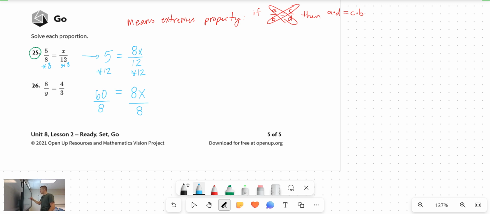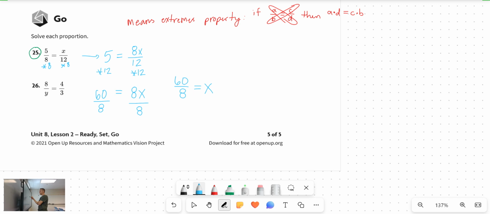And if we divide by 8, we have 60 over 8, and then these will cancel. So 60 divided by 8 equals x. It's not that pretty, but we can definitely simplify. 60 divided by 8. Well, I know that 7 times 8 would be 56.